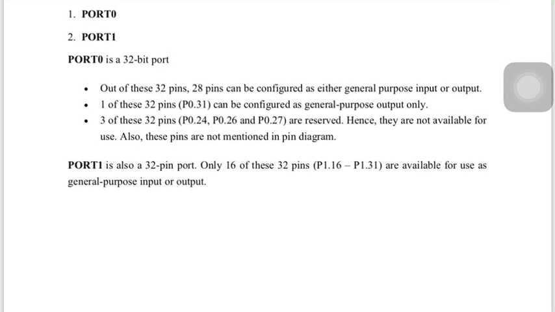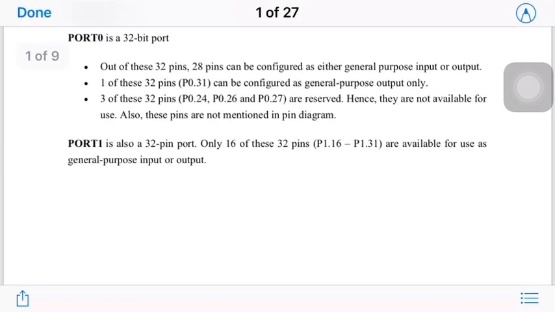So P0 means port 0 and P1 means port 1. As I said, a few pins are available and a few are not. In port 1 only pin 16 to pin 31 are available for us, and pin 0 to pin 15 are reserved.